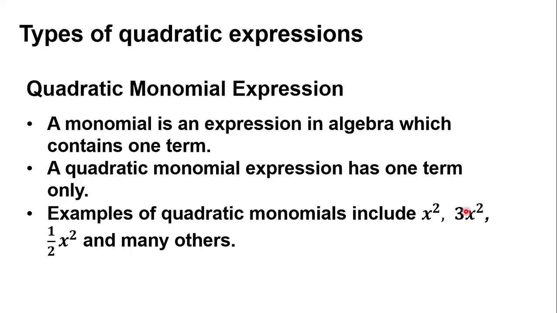This one here, 3x squared, is a complete quadratic expression. It has one term. 3x squared is considered to be one term. It's monomial. Another one is half x squared. It's also another monomial.